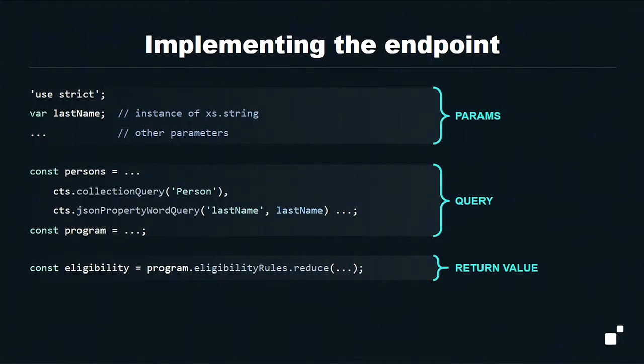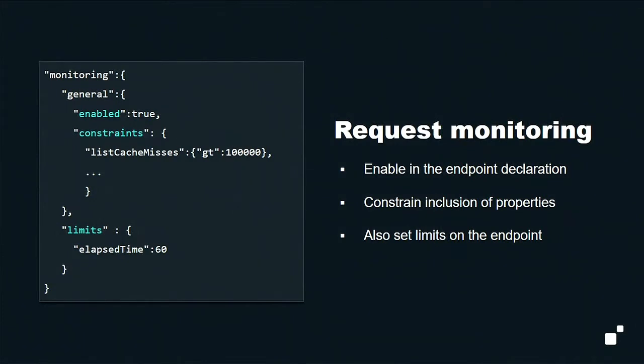Now, so far, we've been focusing on the use of the declaration file as a signature for the endpoint. You can also use the endpoint file to control request monitoring. So Sarah is obviously concerned to make sure that her endpoint is meeting the SLAs.